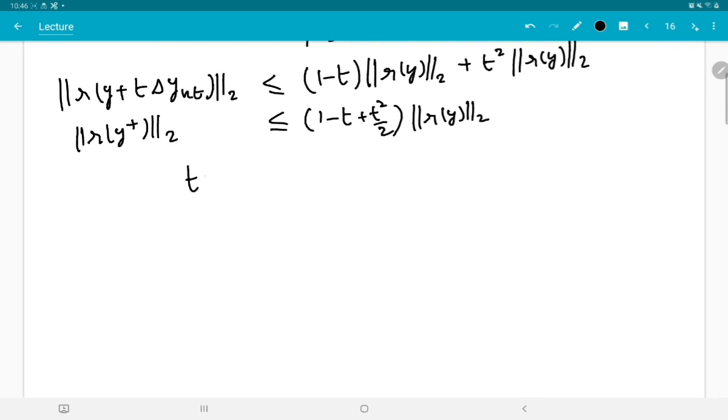Now t is defined as the minimum of 1 and t max. This step is the minimum of 1 or t max. This is done in this way because it is convenient to be used for both the phases.